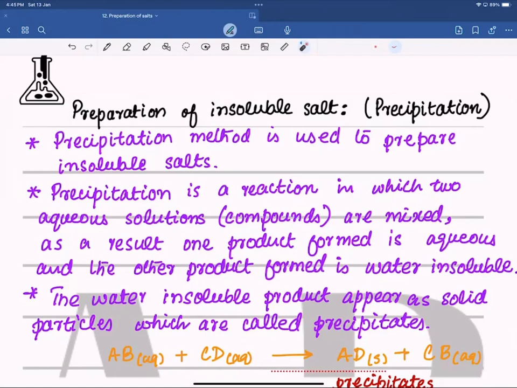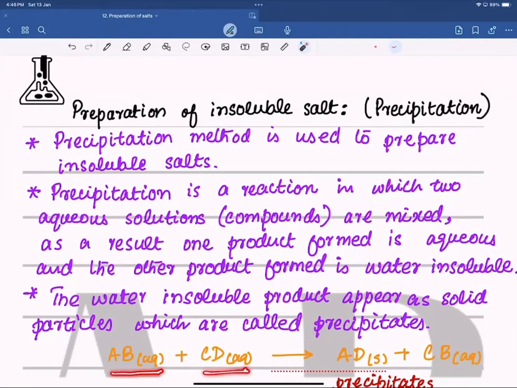So on mixing the two solutions, you will see small solid particles appearing in the solution, and those small solid particles that are formed in the solution are called precipitates, and that's why we call that reaction precipitation. Is this understandable?